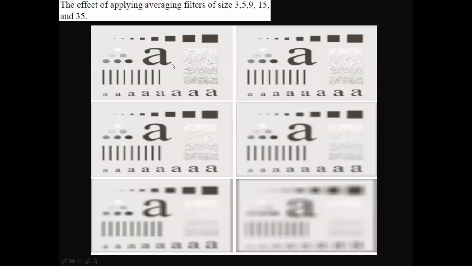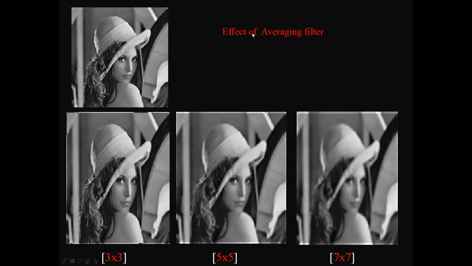After that, we have passed this image through low pass filters of size 3 by 3, 5 by 5, 9 by 9, 15 by 15, and 35 by 35 mask. This is the effect of averaging. If you increase the size of the average filter, the image gets more blurred.